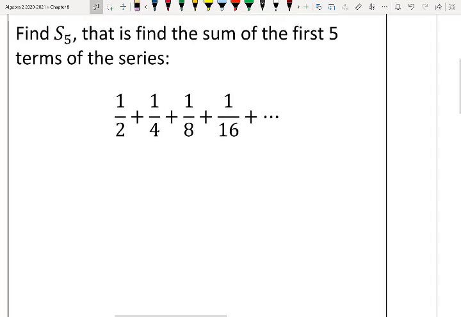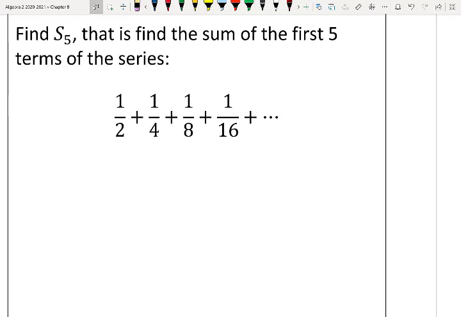So we can go ahead and apply that here to box 2. In box 2, we're finding s sub 5, meaning we're finding the sum of the first 5 terms of this series. Now, it's already written out, the first 4 terms, so if you really wanted to, you could just use a calculator. You have to figure out what that 5th term is, but you could just use a calculator to find the sum of those first 5 terms.